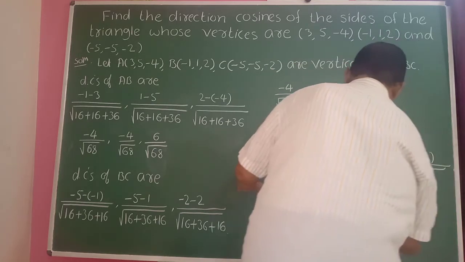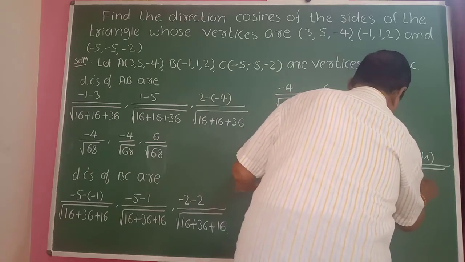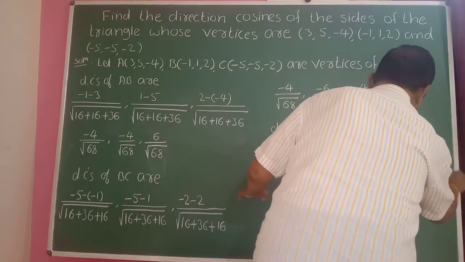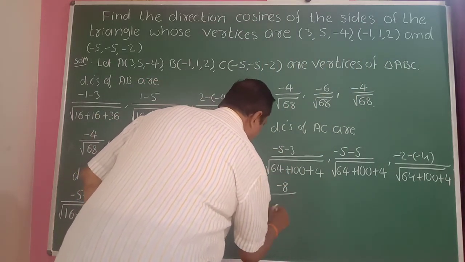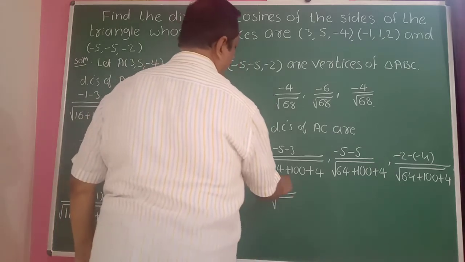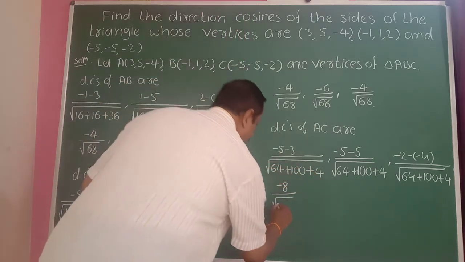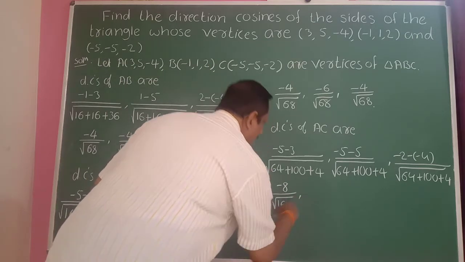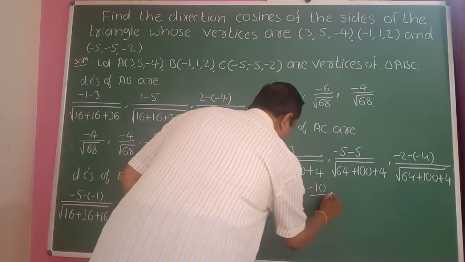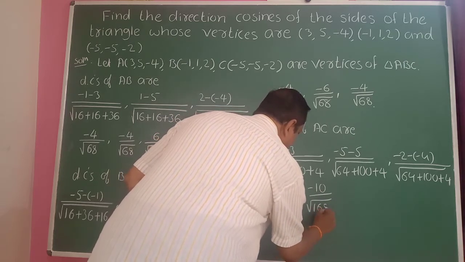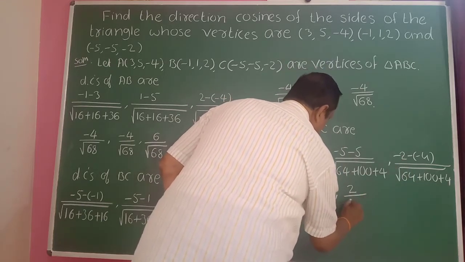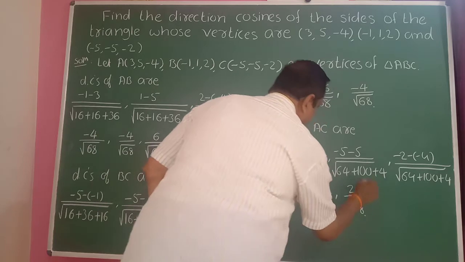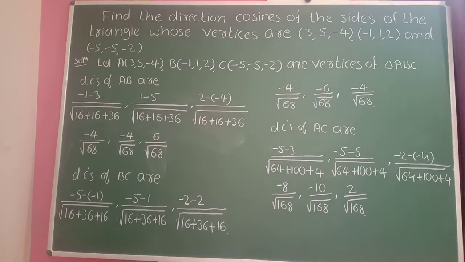Hence minus 5 minus 3 is minus 8 here, divided by root of 64 plus 4 68 plus 100, 168 here, comma, minus 10 divided by root of 168, minus 2 plus 4 gives a plus 2 here divided by root of 168. So these are the direction cosines of each side of the triangle.